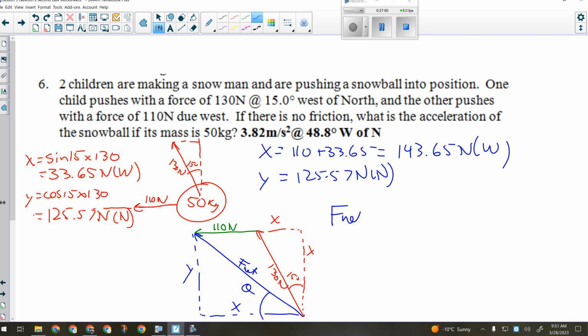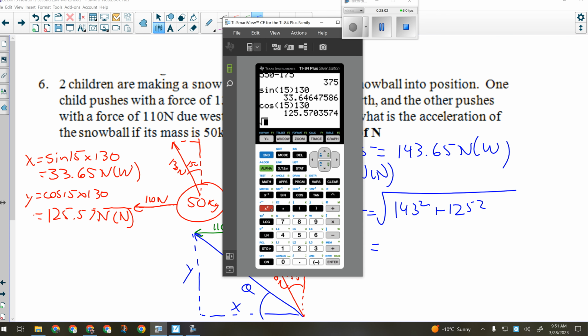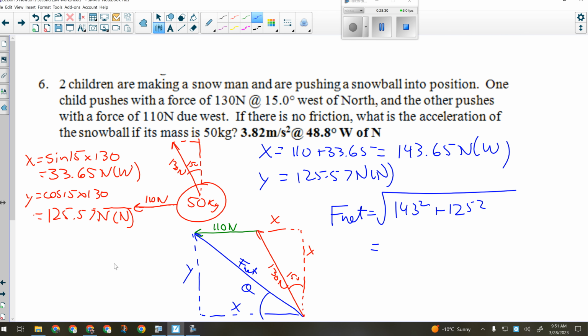So F net is going to be the square root of 143 squared plus 125 squared, obviously with all the decimals in place. Oh, and I don't even have the other one in there. Plus 143 squared. Okay, so my net force is 190.79 newtons.